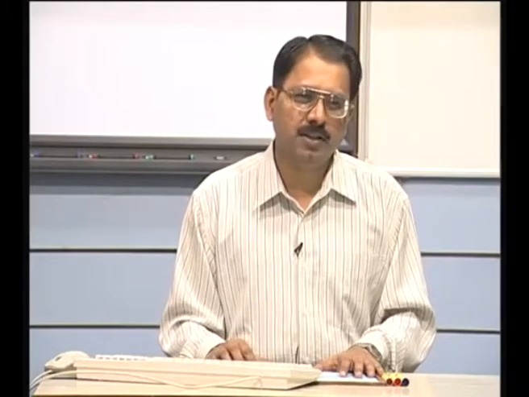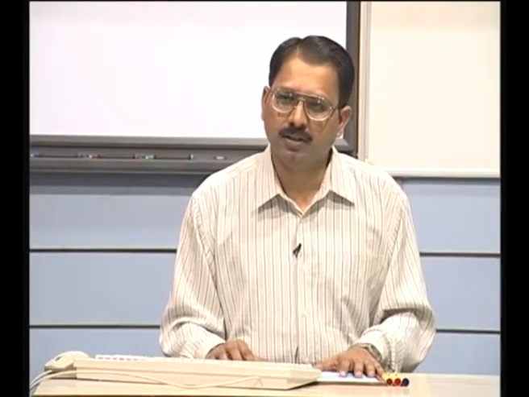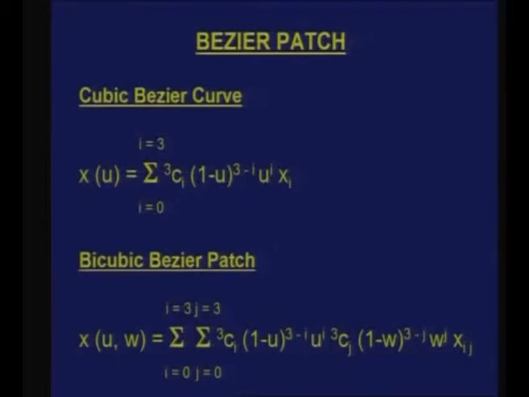Coming to Bezier curves, we discussed about Bezier curves, and we also put down equations of cubic, quartic and quintic Bezier curves. If I recall the definition of a cubic Bezier curve, I have 4 control points, P0, P1, P2 and P3.